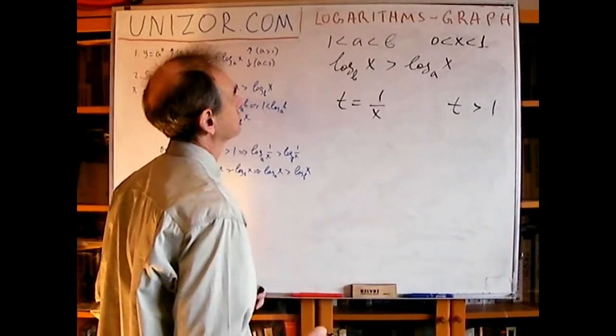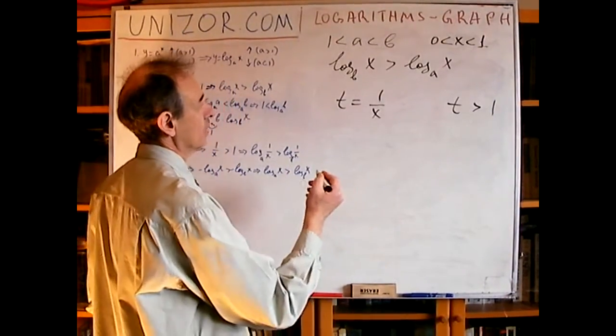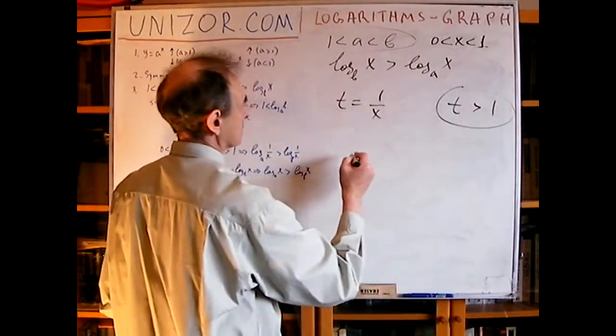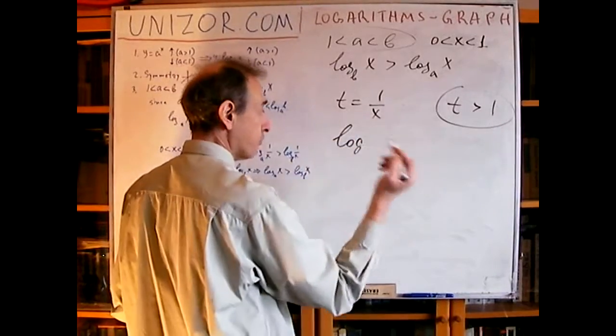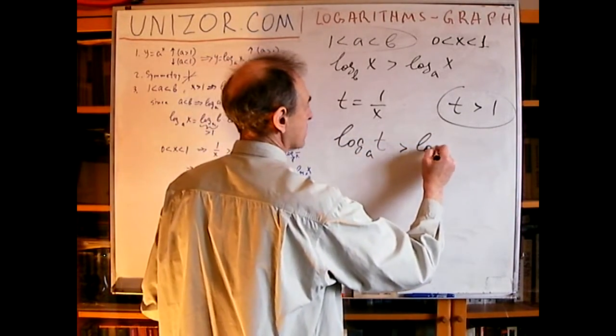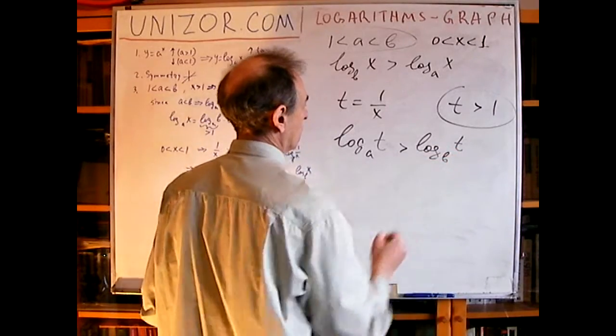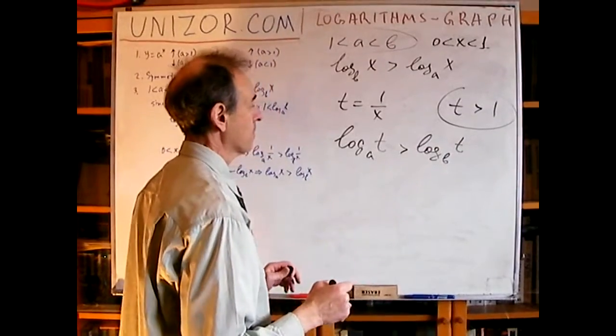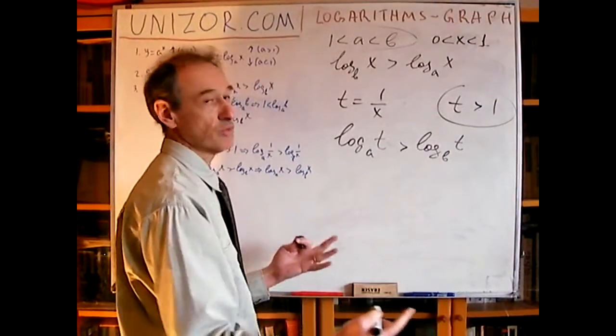It's inverse. Now, but I know that if I consider this and this, whatever I have just proved before was this. Now, these are positive numbers because t is greater than 1. And I have just proven this, right?